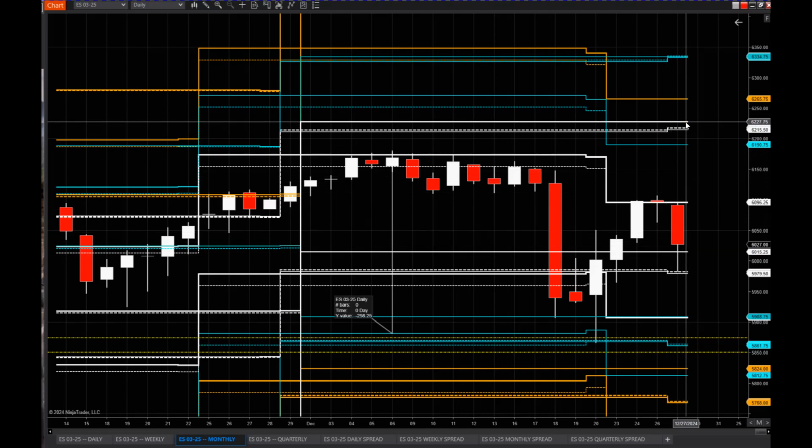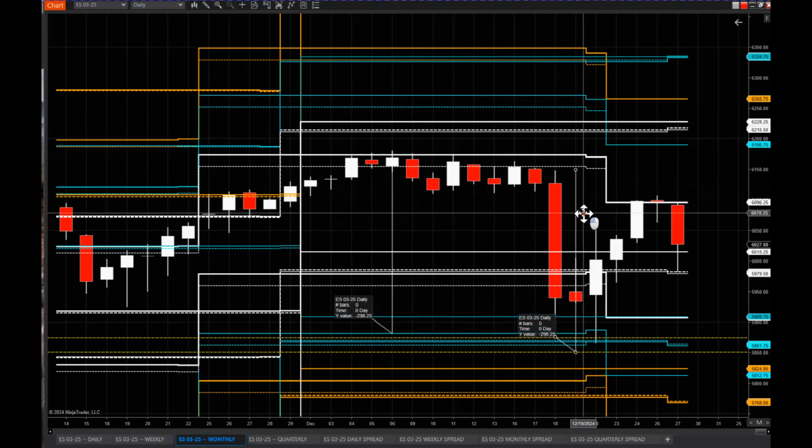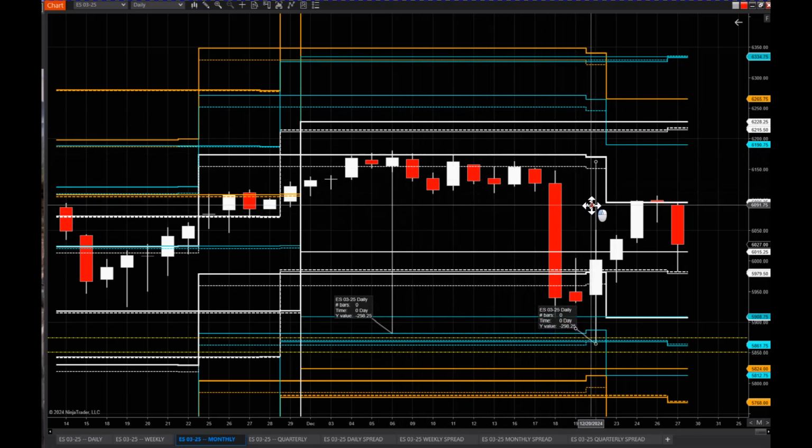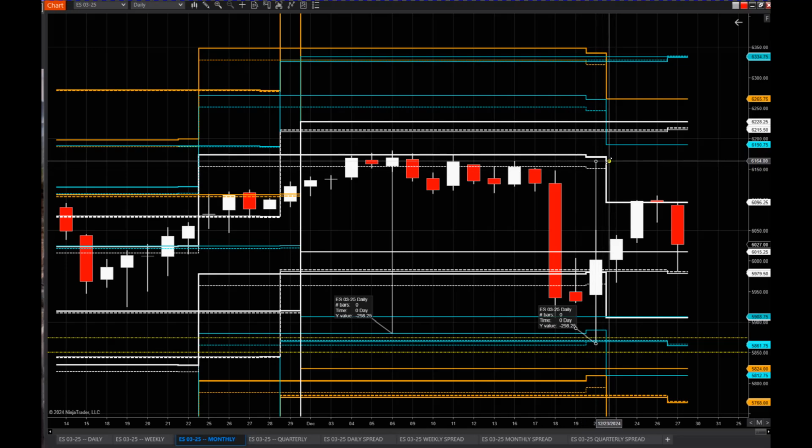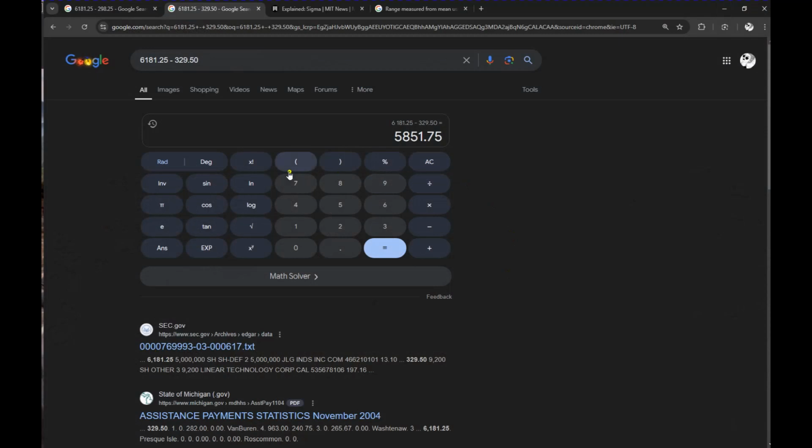If we take 298.25 going from the low back up, you would expect it to top out around 61.65, potentially somewhere around there. But we have that second level, remember? We can go from the monthly days in the session to the 30-day. So we can go up 329.50.